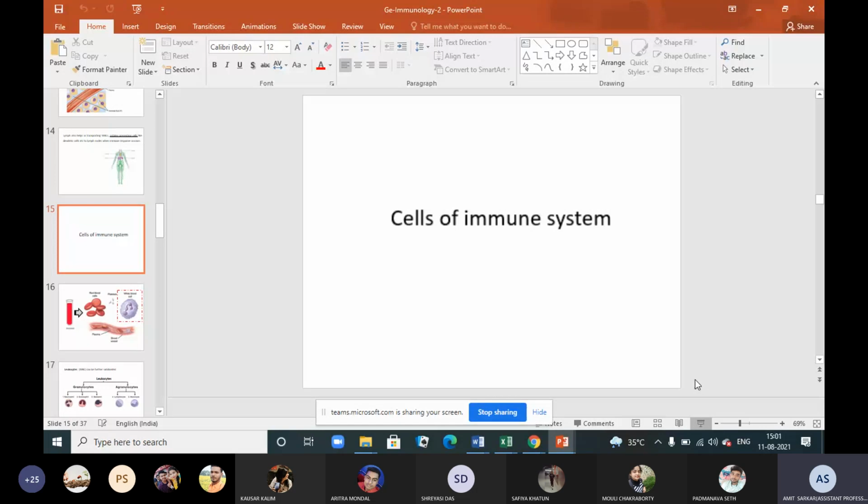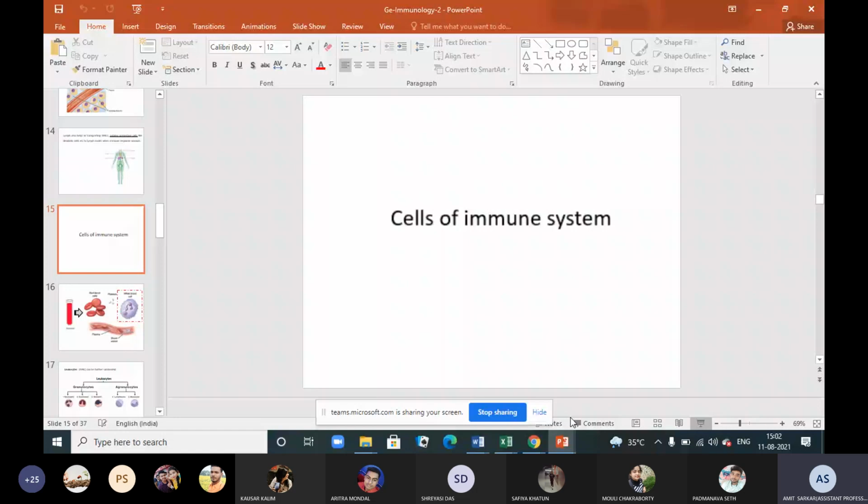Primary lymphoid organs are the bone marrow and thymus, where the immune cells, the lymphocytes, get matured, and that's why they are called primary lymphoid organs. For secondary lymphoid organs, we have three types: lymph nodes, spleen, and Peyer's patches. Those are the areas where the immune cells get the chance for the first time to encounter antigens, different types of microbes.